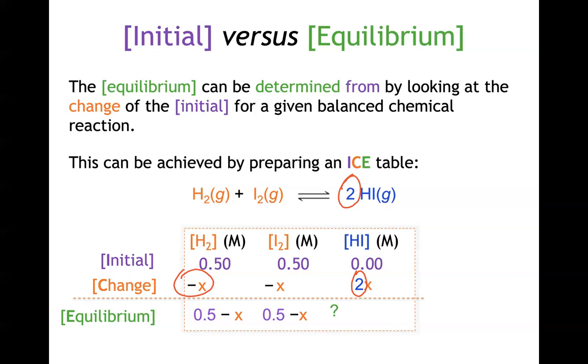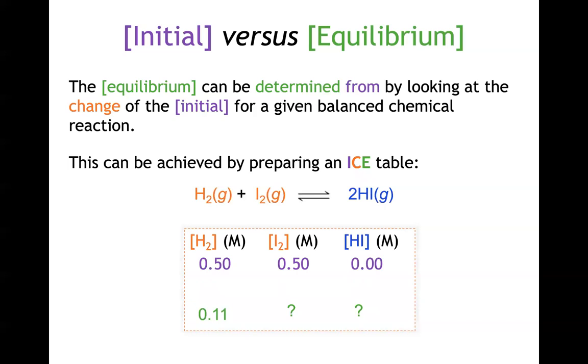So the concentration of the product at equilibrium for this particular reaction would be its initial concentration, which is basically 0, plus 2X. Notice initial plus change gives us equilibrium, but the concentration of the reactant is decreasing, whereas the concentration of the product is increasing until the reaction reaches equilibrium.